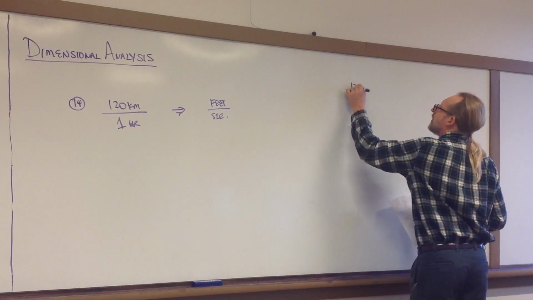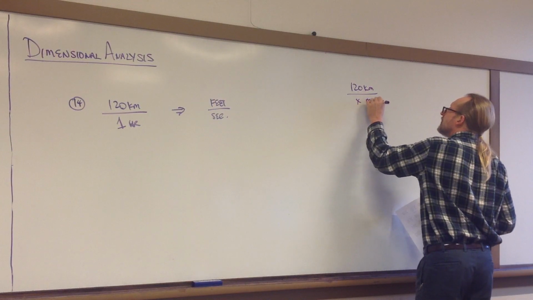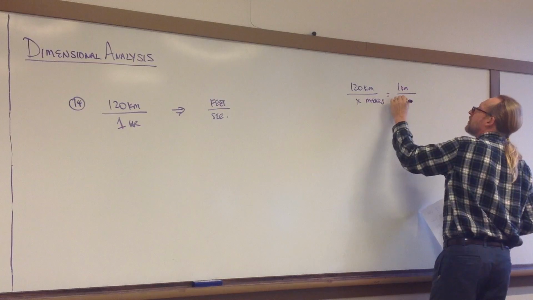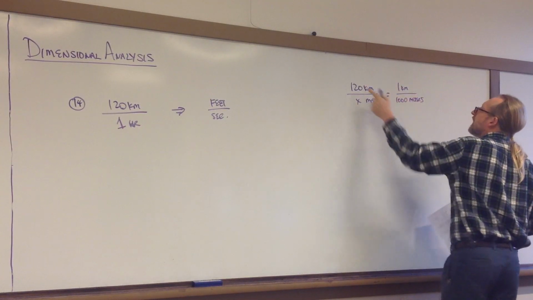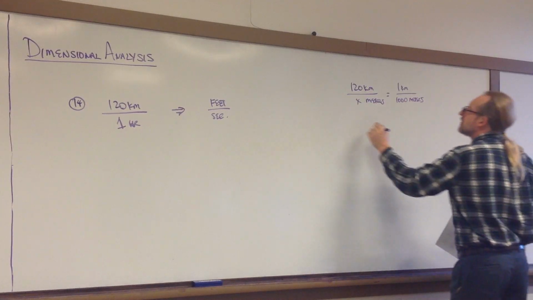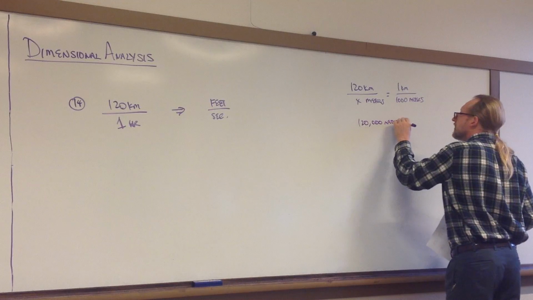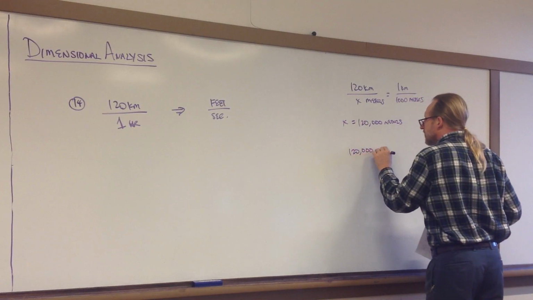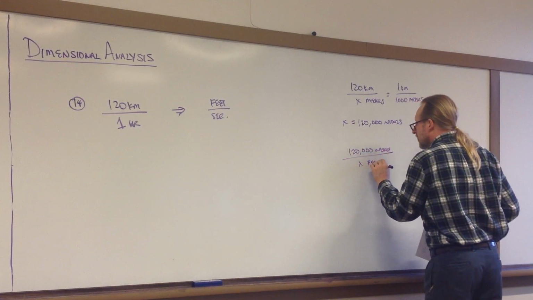So first, I'll take the kilometers and change them into meters. And again, if you're comfortable with this, it's just a matter of moving the decimal point. It's going to be 120 times 1,000, so 120,000 meters.